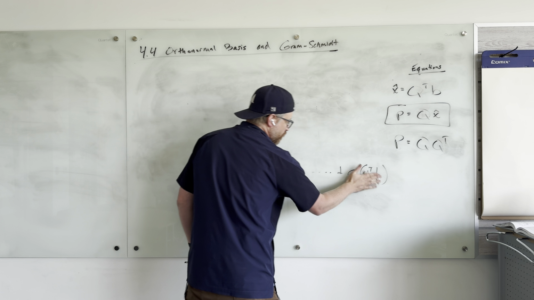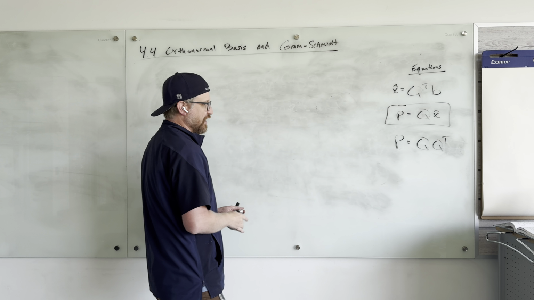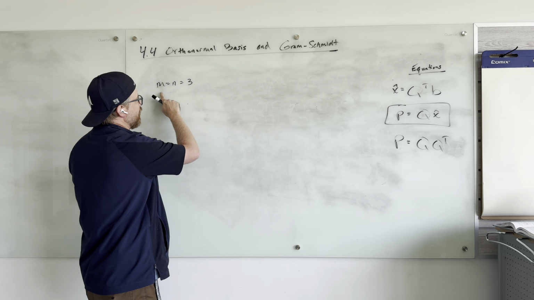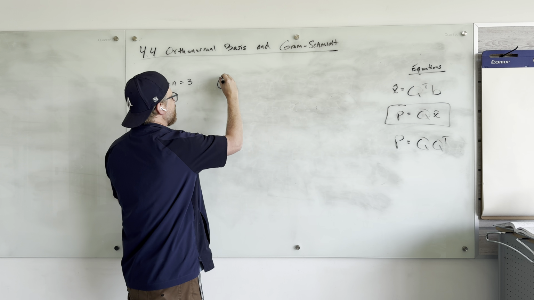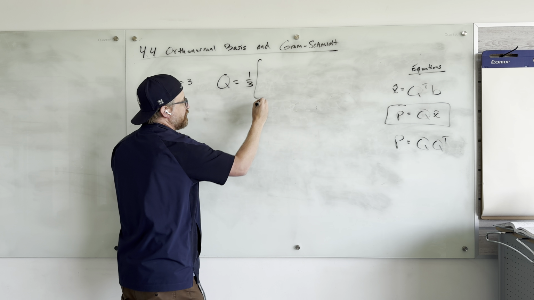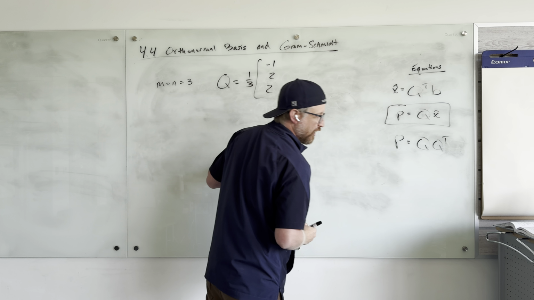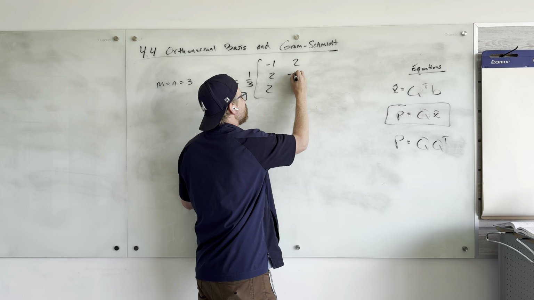I just worked through that and talked through it so you can see how I would think through it, hopefully that'd be helpful. All right, so we have rows and columns equal. So I have Q equal to 1/3 times a 3x3 matrix: -1, 2, 2. We have 2, -1, 2.